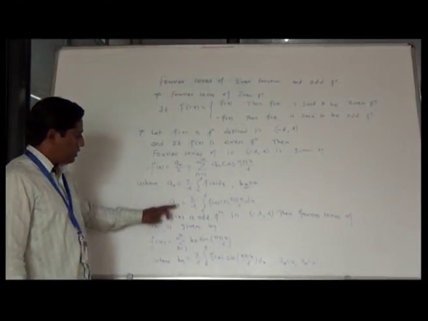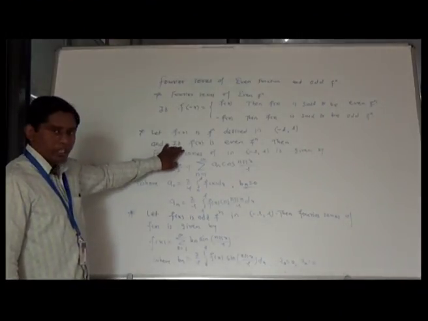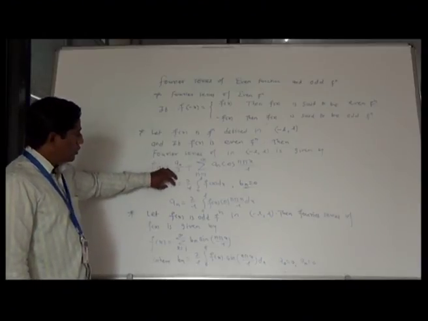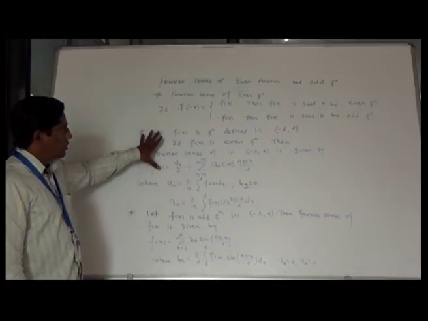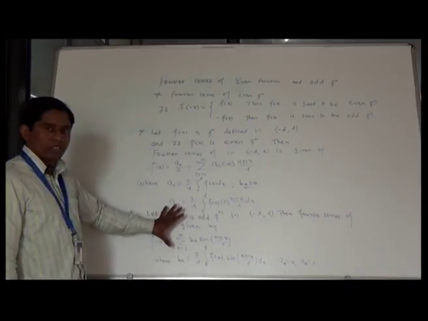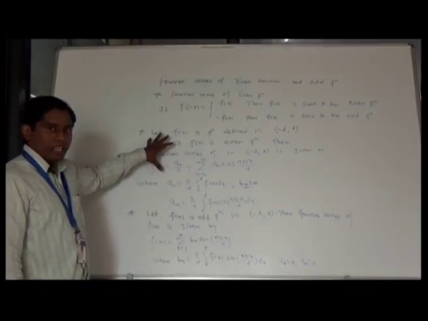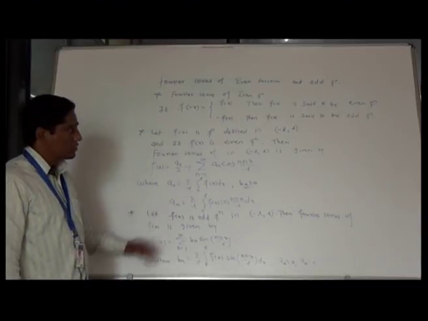For odd function, we have to find bn only. For even function, we have to find a0 and an. Now we take examples on Fourier series of even function and odd function.